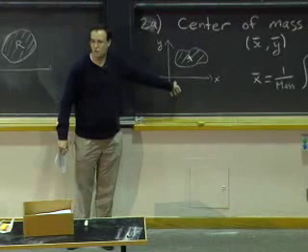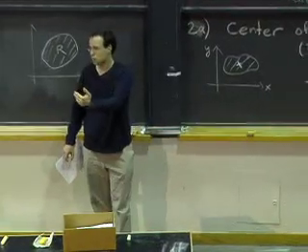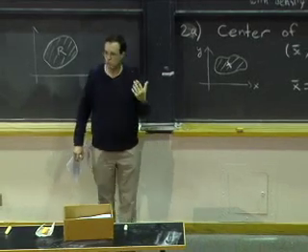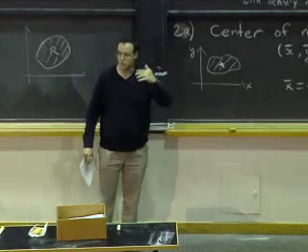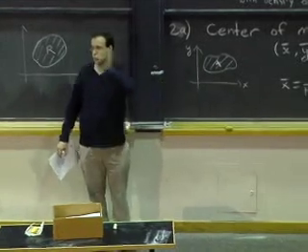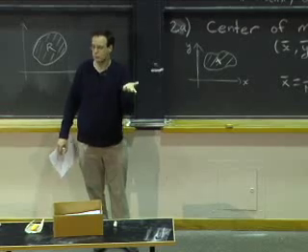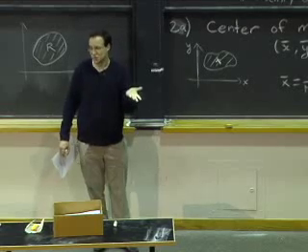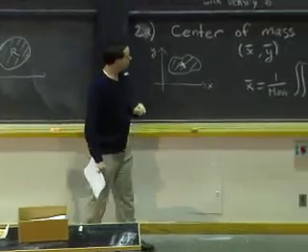But the average of r is certainly not 0 because r is positive everywhere. So that doesn't work. You cannot get the polar coordinates of the center of mass just by taking the average of r and the average of theta. By the way, what's the average of theta? If you take theta to go from 0 to 2 pi, the average theta will be pi. If you take it to go from minus pi to pi, the average theta will be 0. So there's a problem there. So that actually just doesn't work.